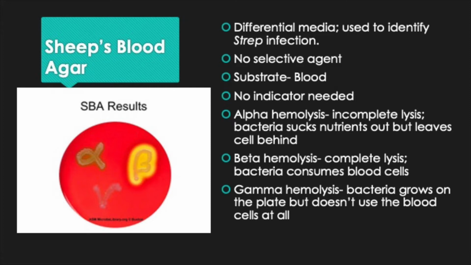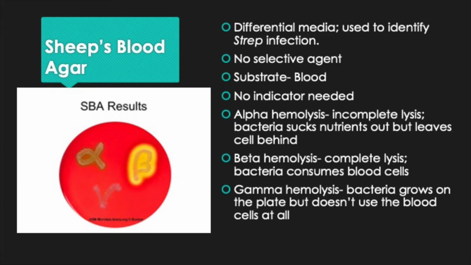But you get a greenish color. Okay, the colonies and the agar around them will be a green tint. That is an example of alpha hemolysis or incomplete lysis. Lysis meaning to break.